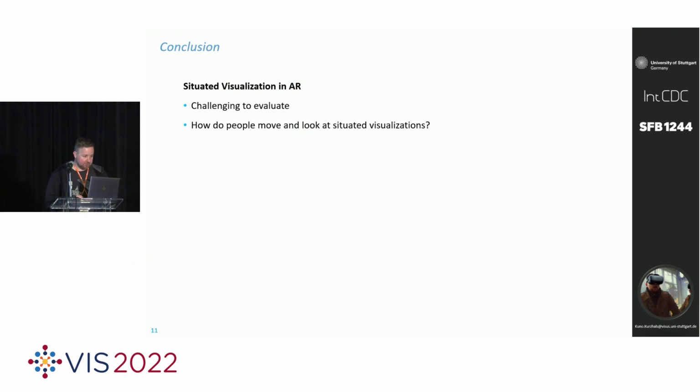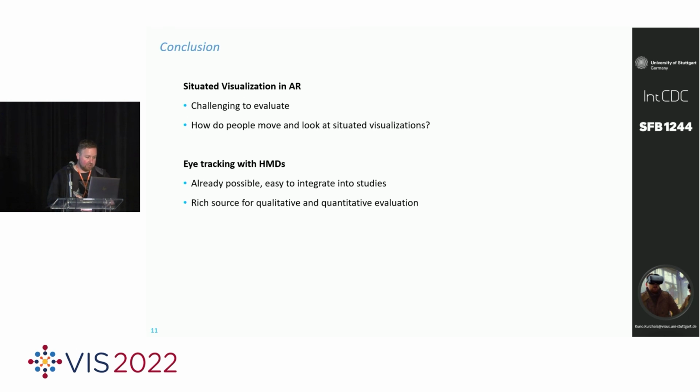Okay, to conclude, situated visualization in augmented reality is challenging to evaluate. What we want to find out is how people move and look at situated visualizations here. In eye tracking with head-mounted displays, this technology is already possible, and I think we should use it.